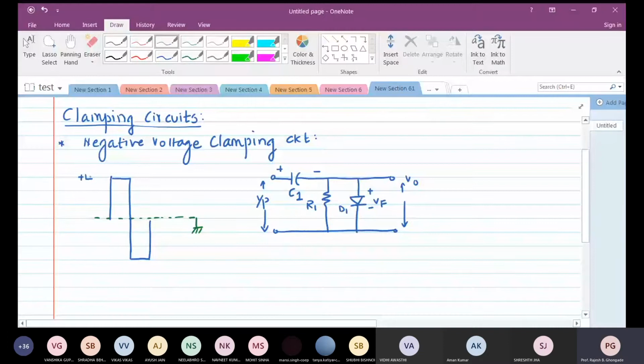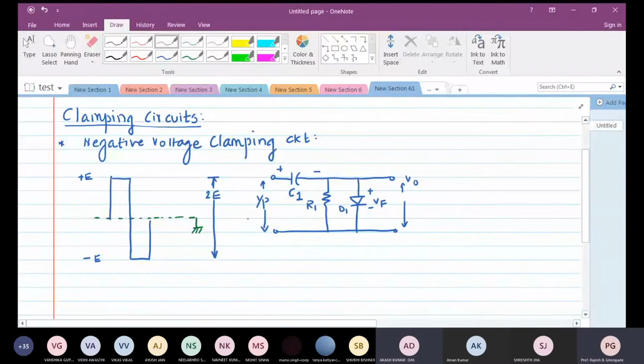Again, the peak amplitude is plus E on the positive side, minus E on the negative side. Remember that this entire thing, peak to peak, will be what? Guys, what will be the peak to peak value? 2E, 2 times E. Correct.